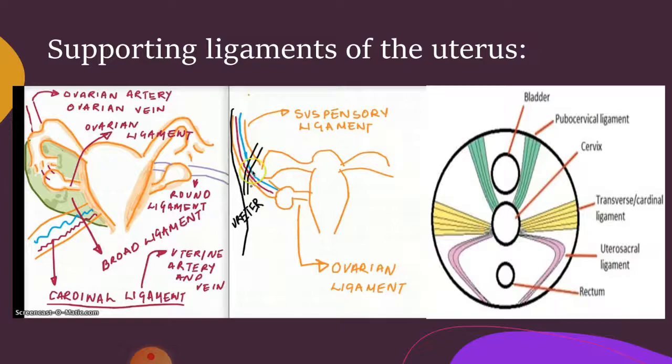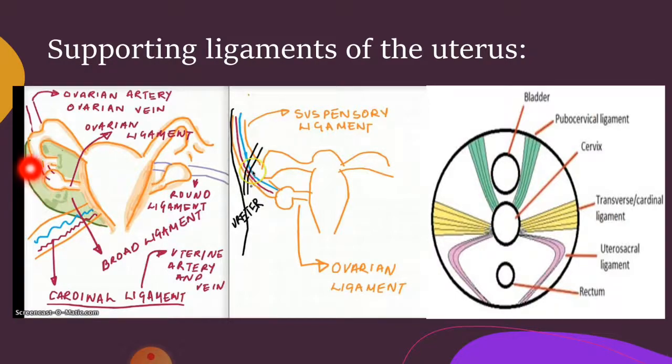Once again, we have said that this broad ligament is enclosing the upper free border of the uterine tube, and the lateral ends of the uterine tubes are penetrating through the posterior wall of the broad ligament, and they will open into the peritoneal cavity.